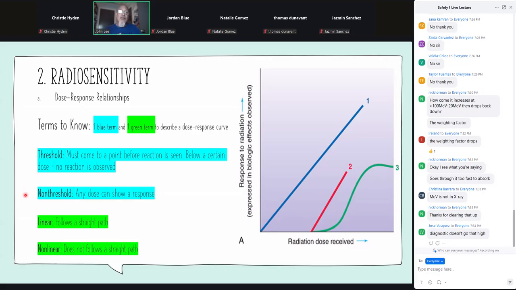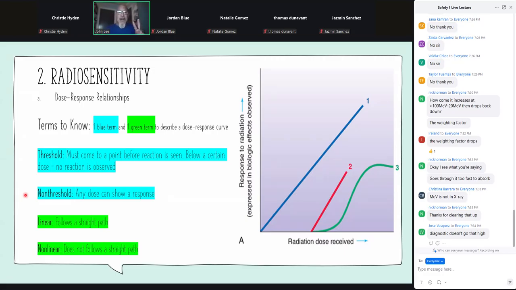A threshold means that there has to be a certain specific amount of radiation that one is exposed to before there is a response to that exposure. Non threshold means that there is no safe amount. As soon as you get exposure, then there's going to be a response. So threshold, you've got room. Non threshold, there is no room for exposure.